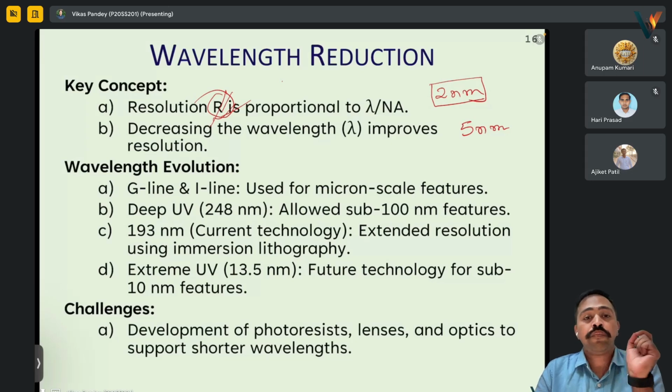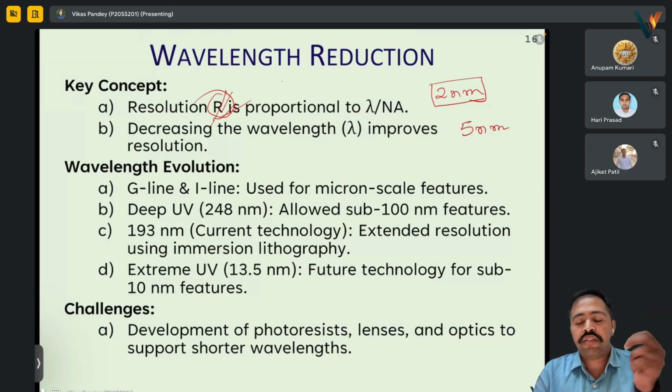So now G line and I line is used for micron scale features. We saw that at G and I line, mercury lamps and argon fluoride lamps were used.